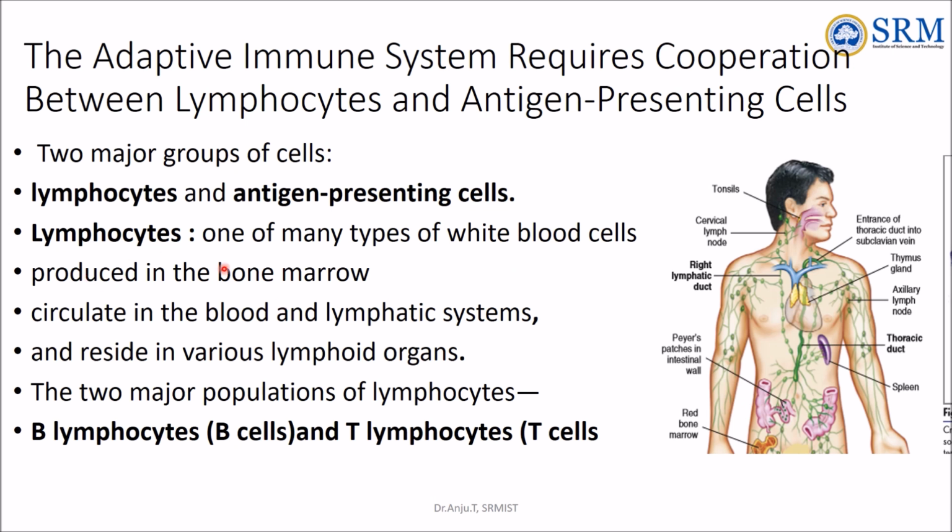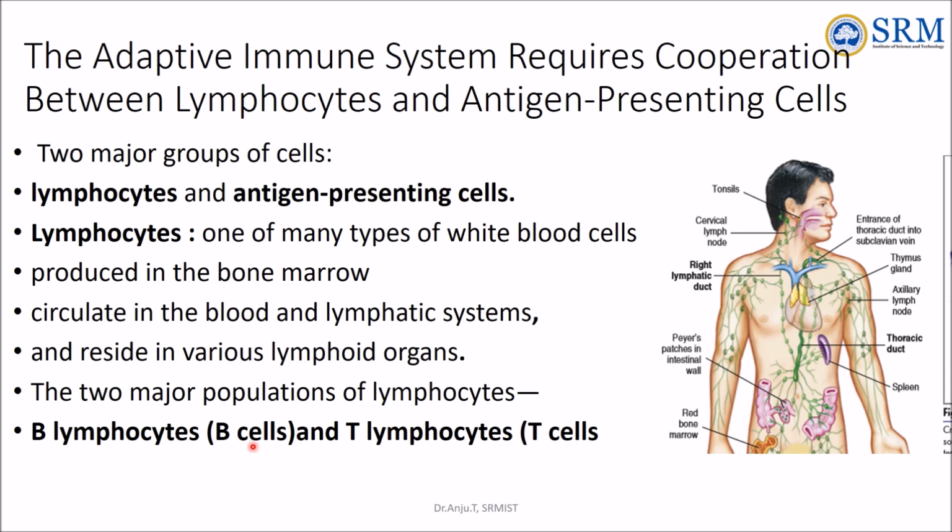These lymphocytes are produced in the bone marrow, and they circulate in the lymphatic system and the blood vessels, and they also reside in various lymphoid organs like the thymus and spleen. There are two major groups of lymphocytes involved in the adaptive immune response.